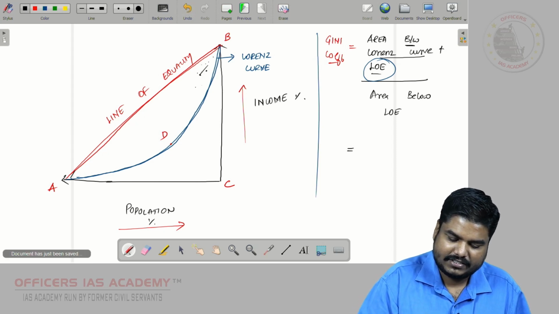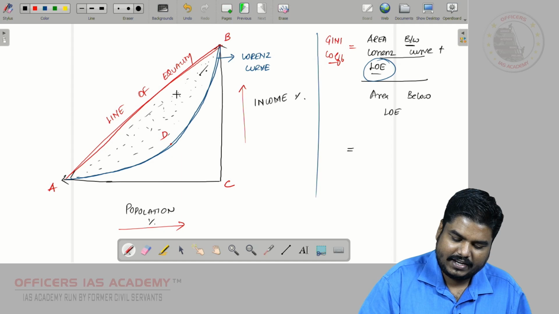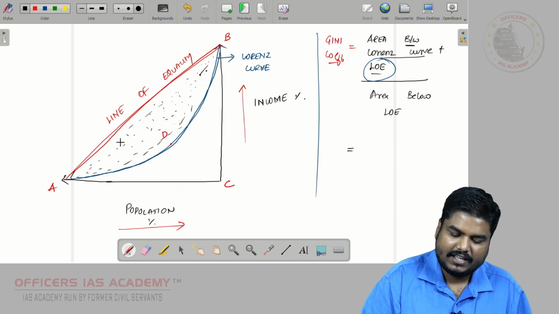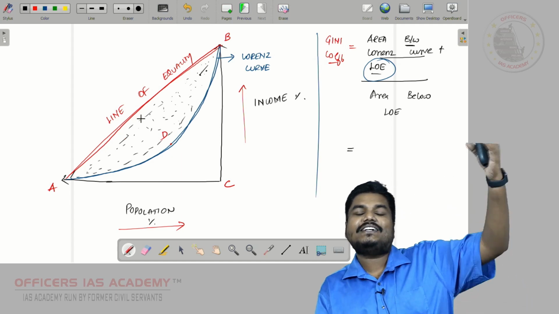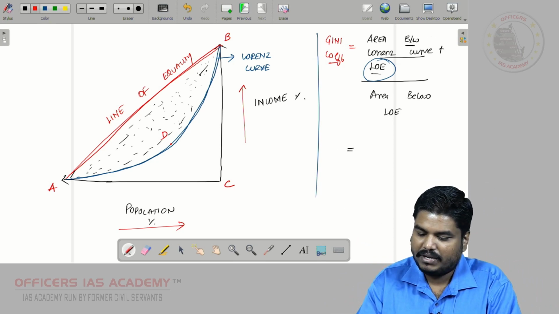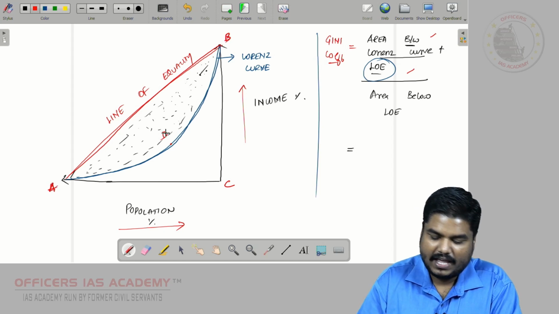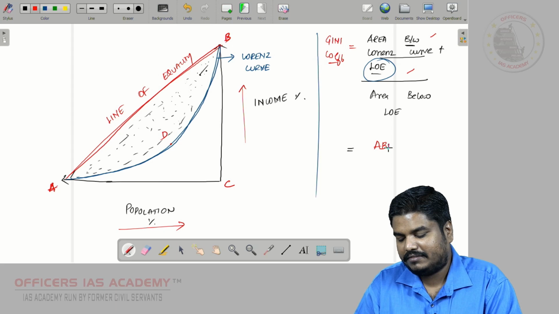Let me make it as dots. This is the area between the Lorenz curve and the line of equality, right. I am writing the area between them as A, B and D, so ABD.